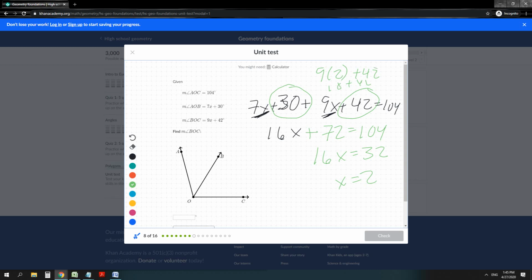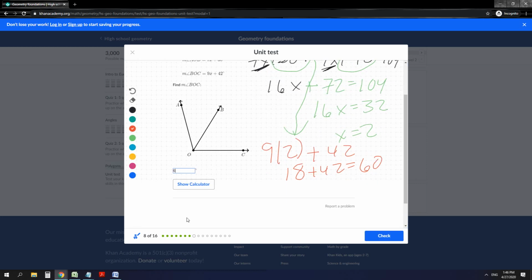Let's write all this work down here instead where we can read it. Okay, we have 9 times 2 plus 42. 9 times 2 is 18 plus 42, and that equals 60. So the angle BOC should be 60 degrees. Let's type in 60.